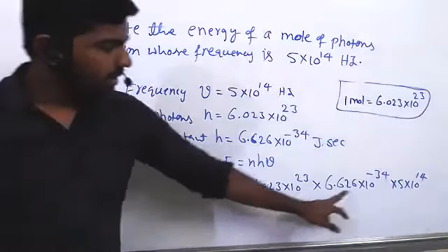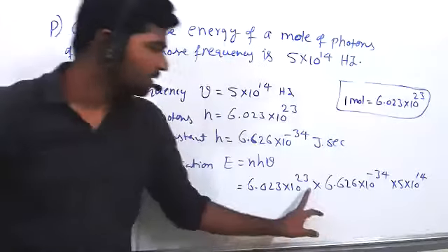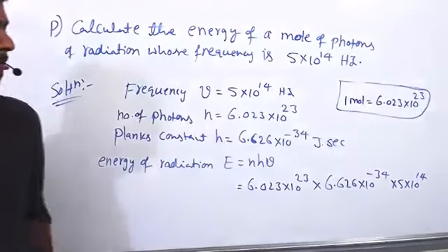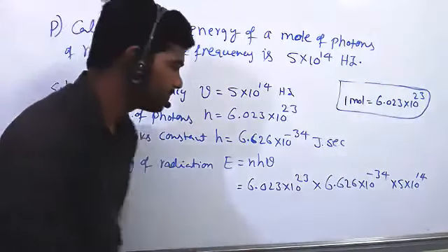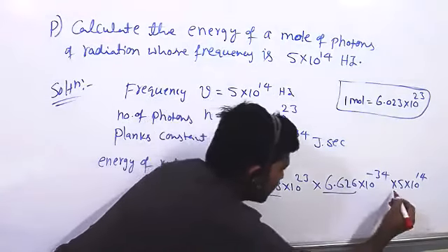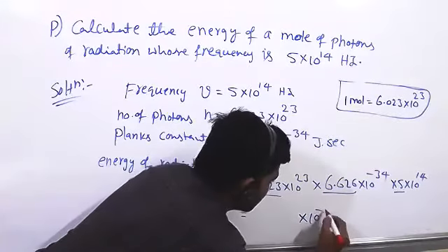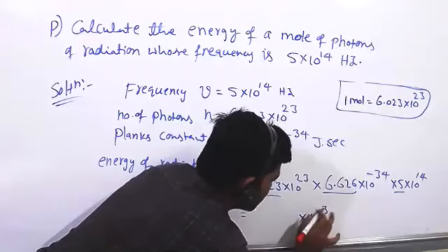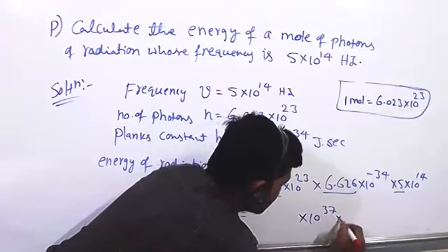10 power 23 and 10 power 14: 23 plus 14 is 37, and with minus 34 it will be 10 power 3. So multiply this value, 6023 into 5 directly.